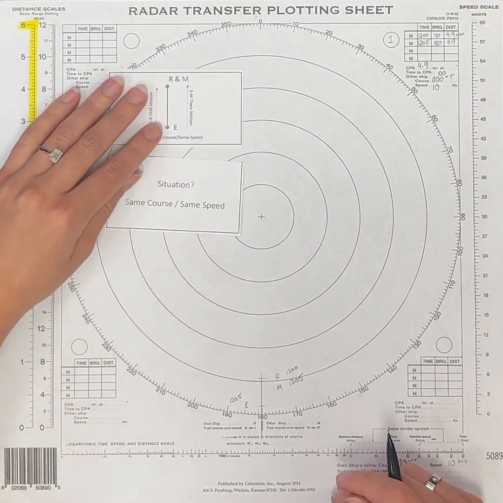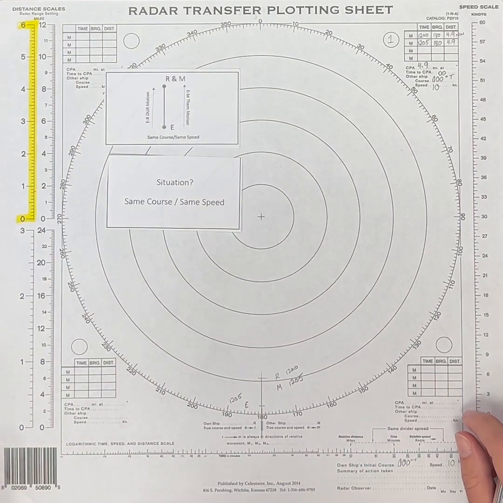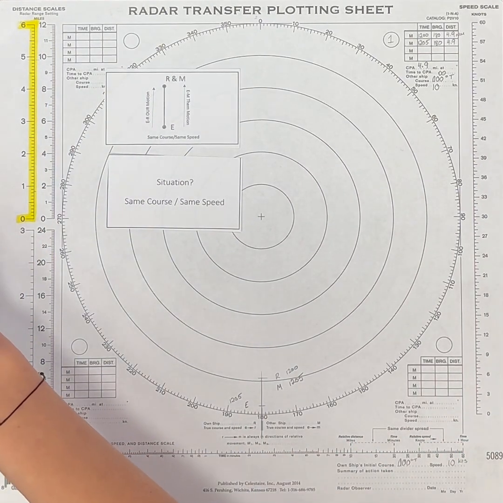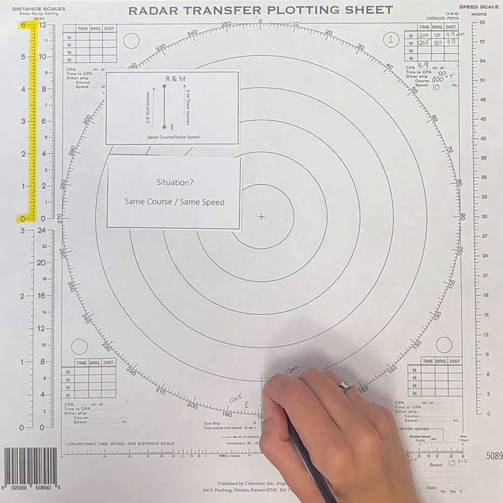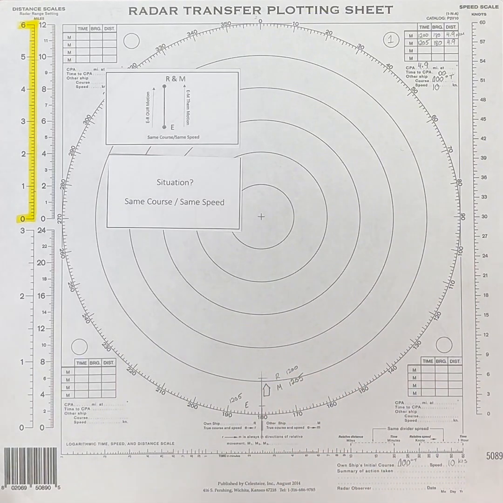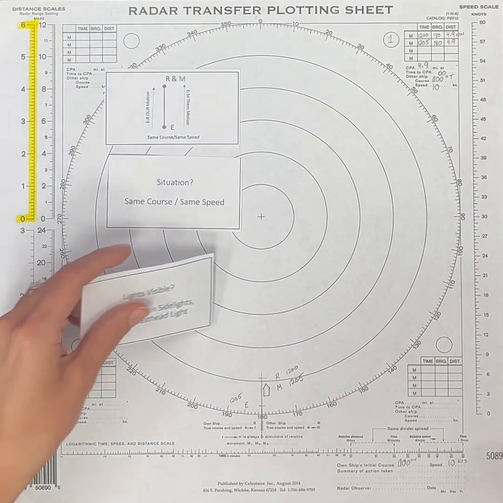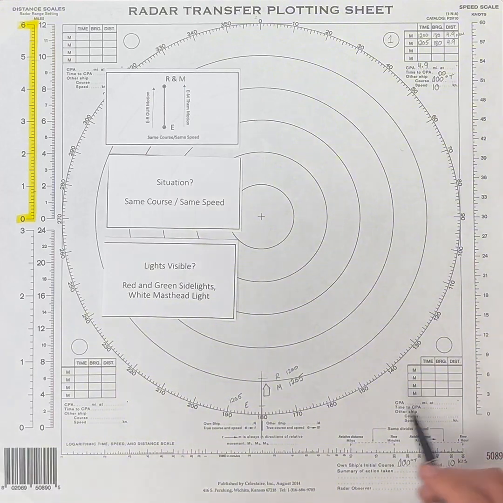So, situation. If you get asked this question on your assessment, you simply write same course and same speed. Now, if we draw their little vessel out from E to M, we see that this vessel is facing us.